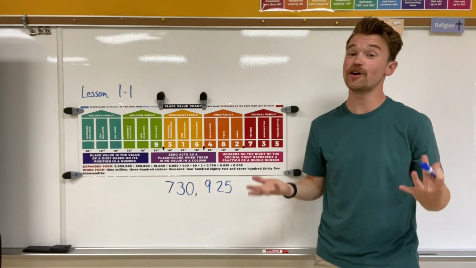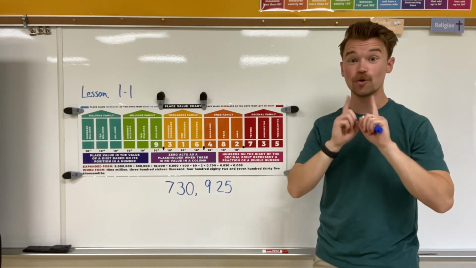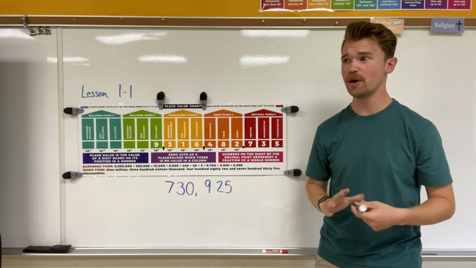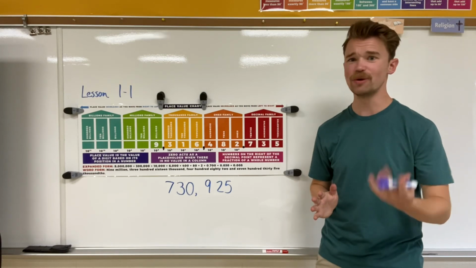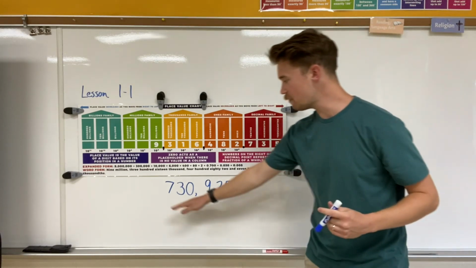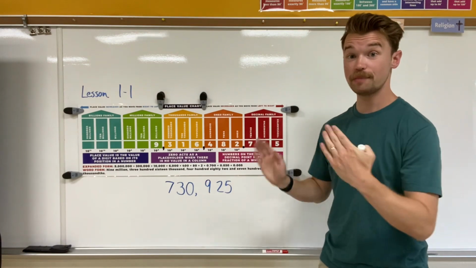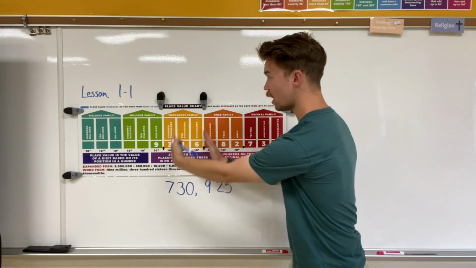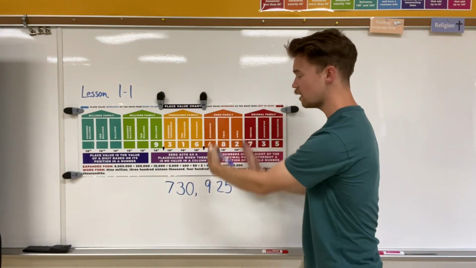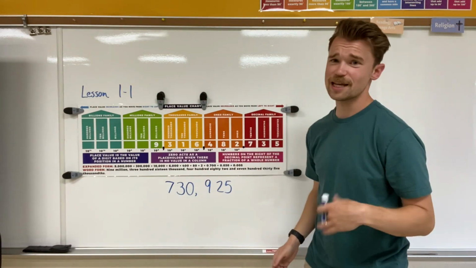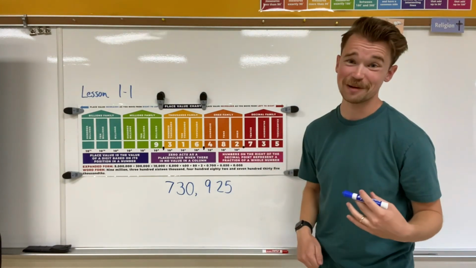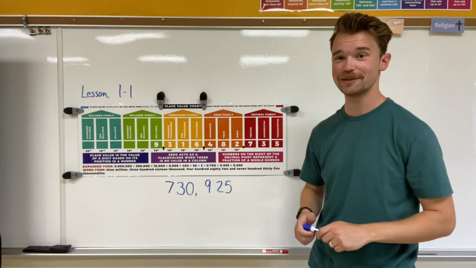The place value chart can also help us figure out how to read the number name, or some people call it written form. I have a number right here, and we're going to go period by period. Do you see how I lined it up in the thousands family and the ones family, or period? I say period and family because my chart says family, but we use period in math.